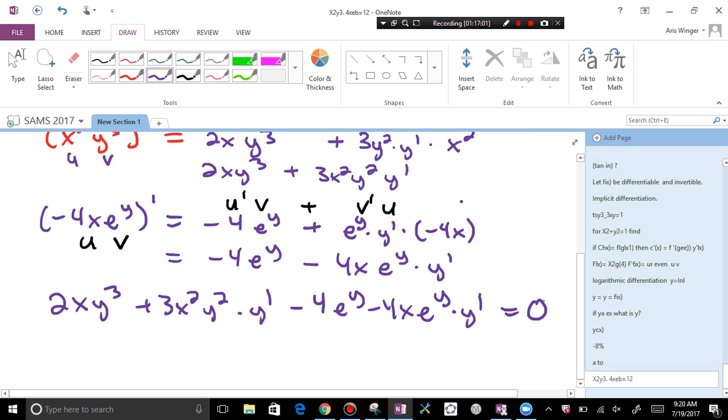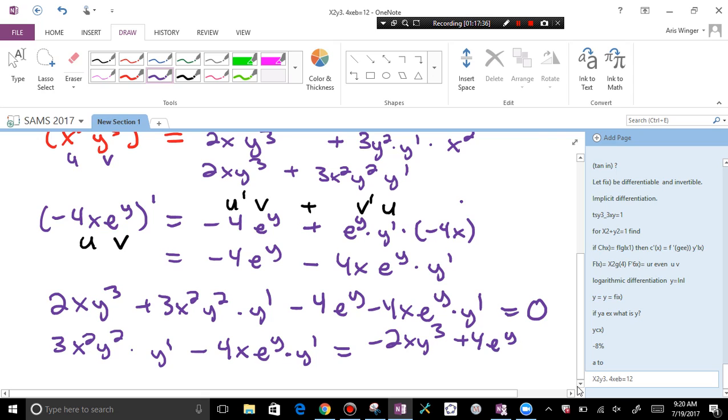And we're solving for y prime. Oh, so it's the derivative of 12 is equal to, so we're taking the derivative of everything there. Thank you for your question. 3x squared y squared times y prime minus 4x e to the y times y prime equals, change all these signs, minus 2xy cubed plus 4e to the y, right?